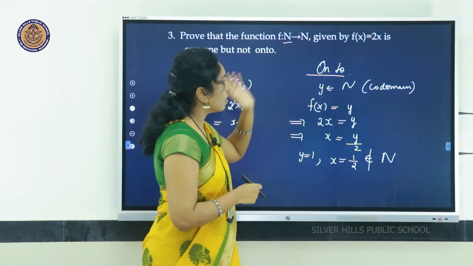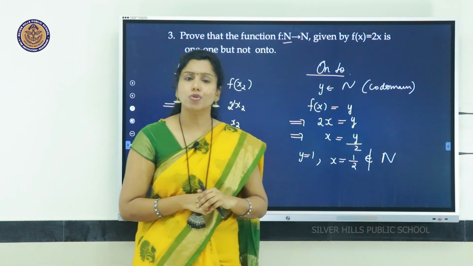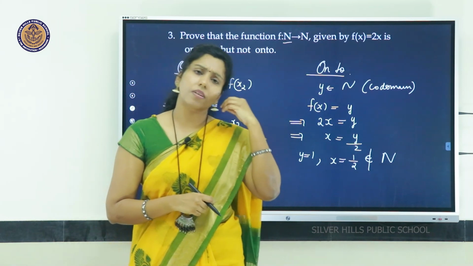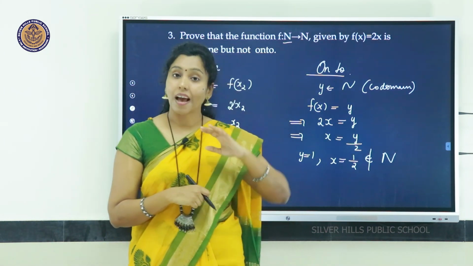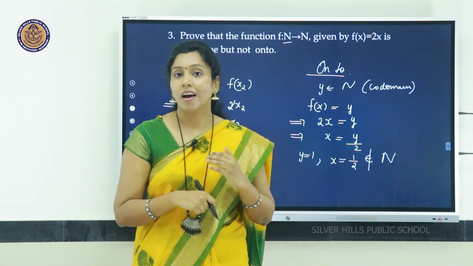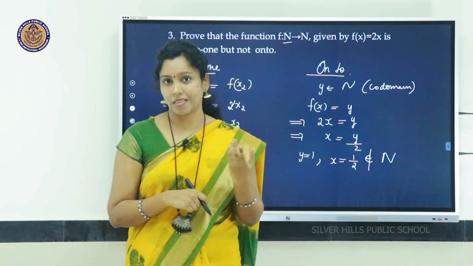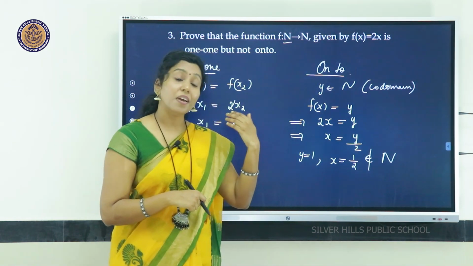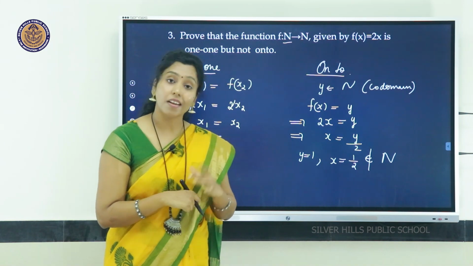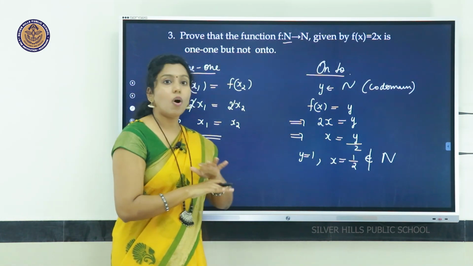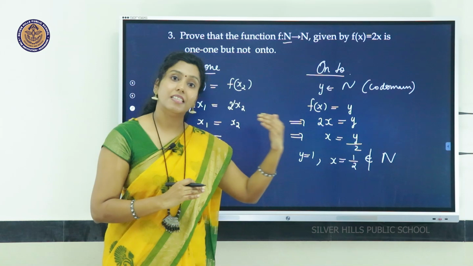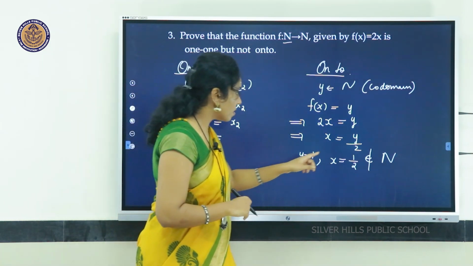Now, what is the function? F of x is equal to 2x. That means whatever value x takes, the answer is always an even number because it is 2x, isn't it? That means your image will always be an even number. That means odd numbers will never come as the answer. So, this is just a particular case.